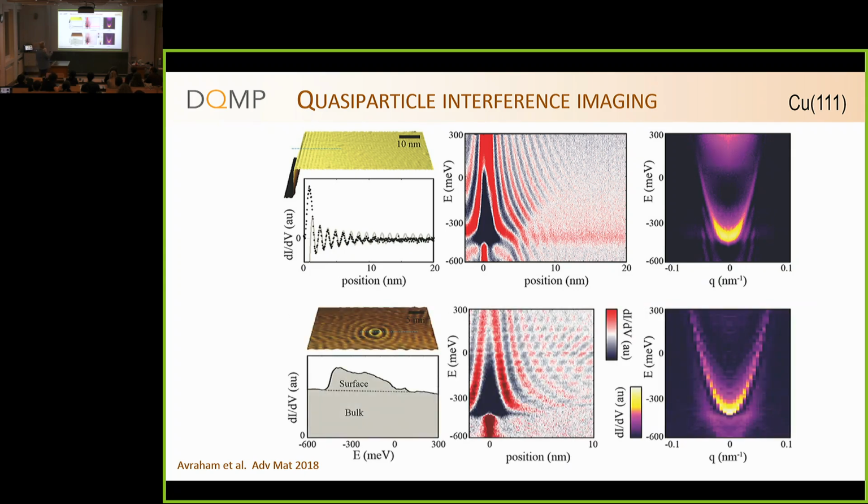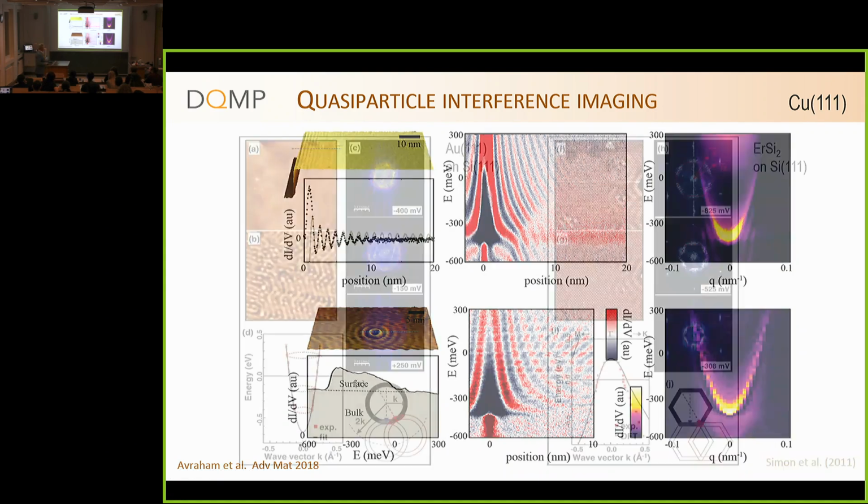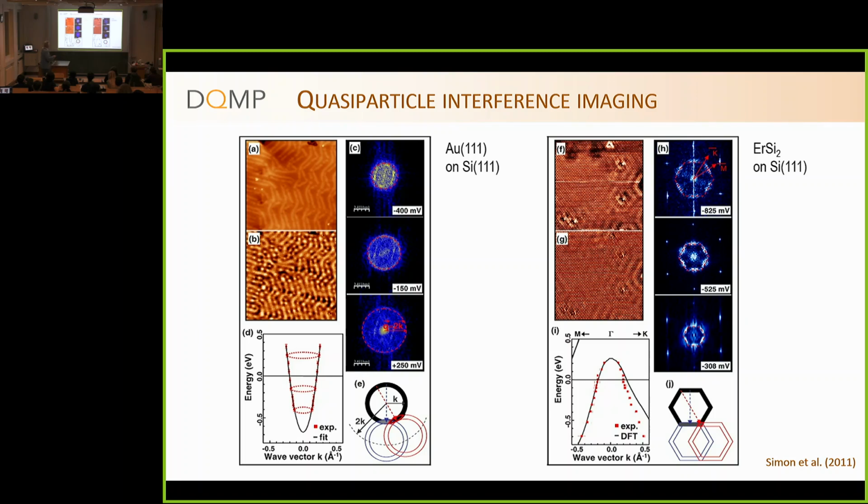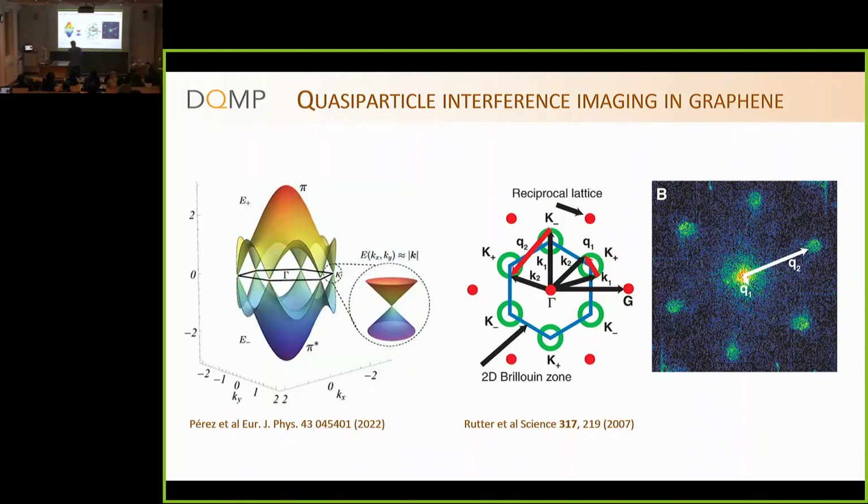You can do it at a step edge, or at some defect. If you look at these compounds, you can get a feel directly for the Fermi surface shape, for example. Here is an example with gold on silicon, and here is a different compound which has a different Brillouin zone or Fermi surface topology, and you can in a way map this out directly using this technique. So this would be one trend.